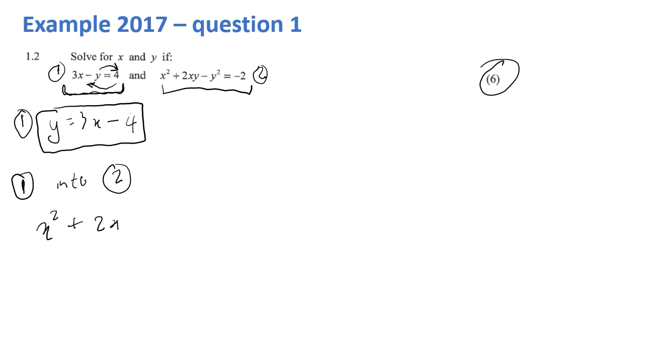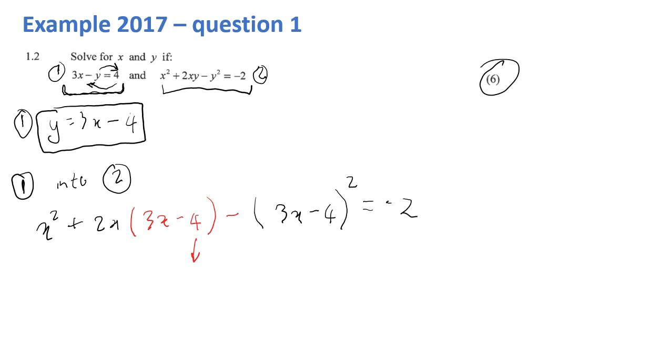Now I have to substitute that y into there, so that will be 3x minus 4, minus y squared, so (3x minus 4) squared, that equals minus 2. You're going to simplify this guy over here.